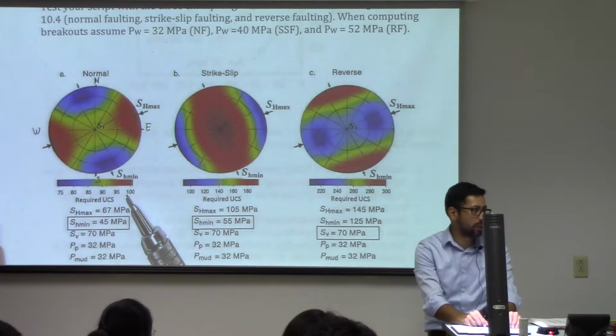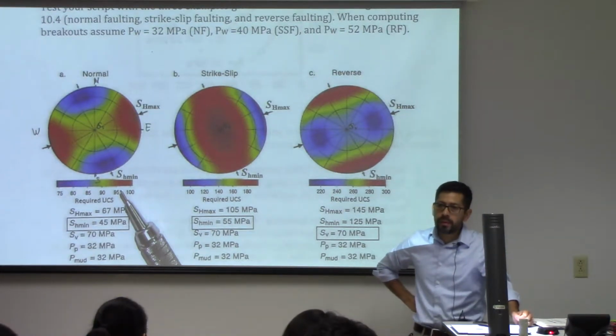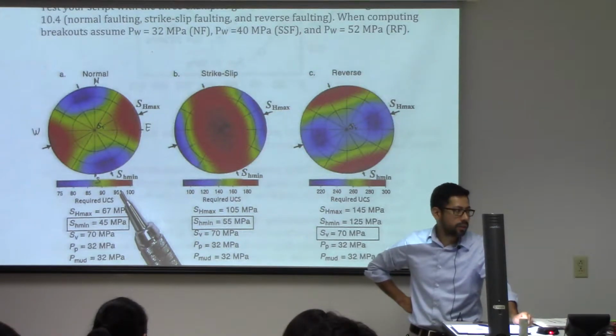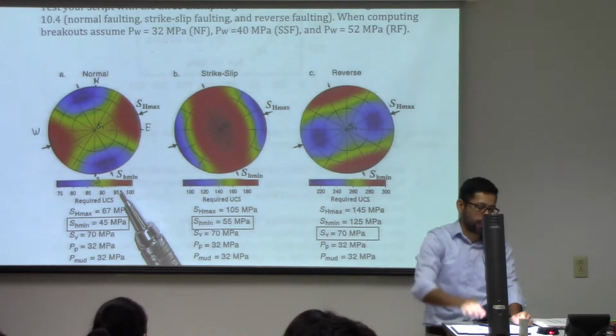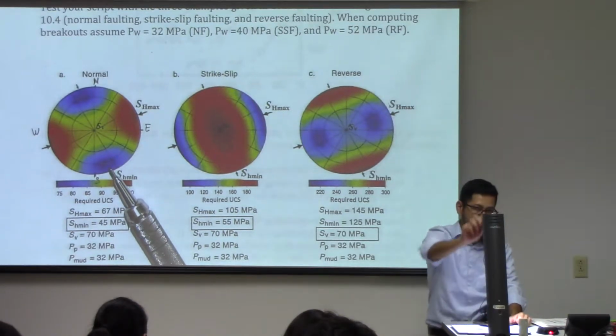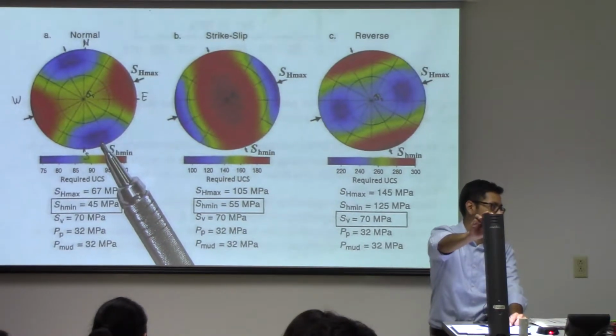So let me ask you, just looking at this plot, what is the least convenient direction to drill a wellbore at this location for this case, based on what we just said?